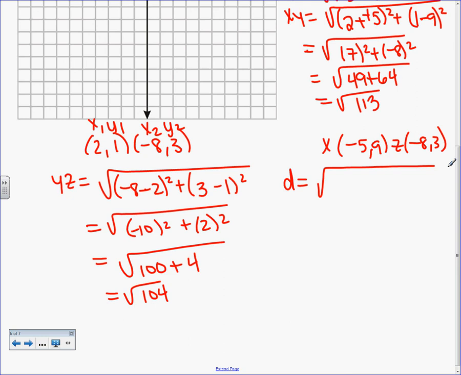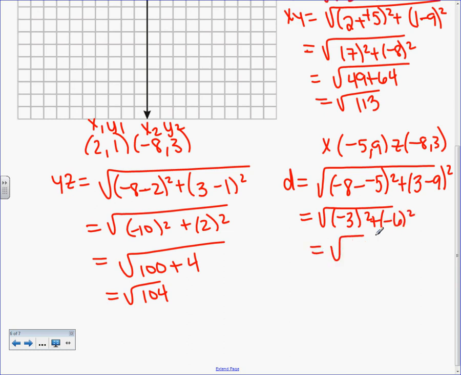I want you to do it yourself. So you should get XZ is the square root of 45. If you don't, you could pause it and see what I did, or ask me or a neighbor later.